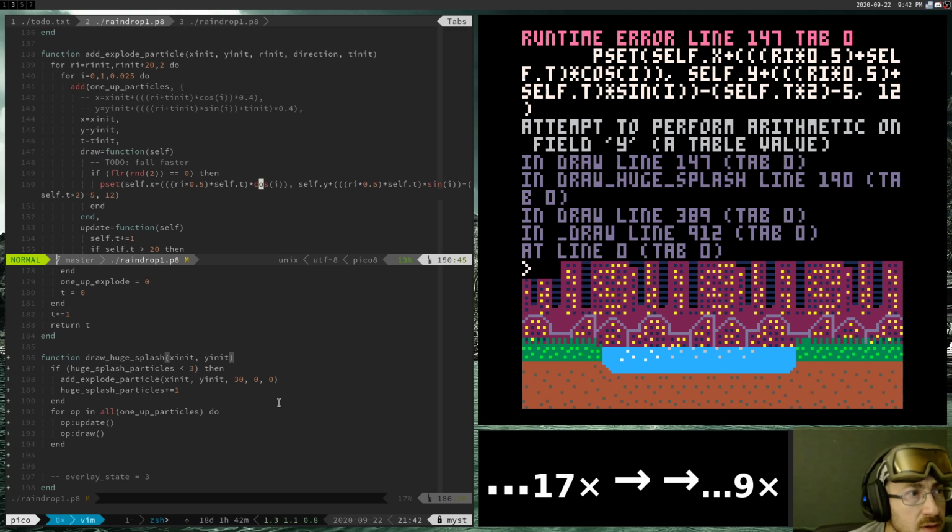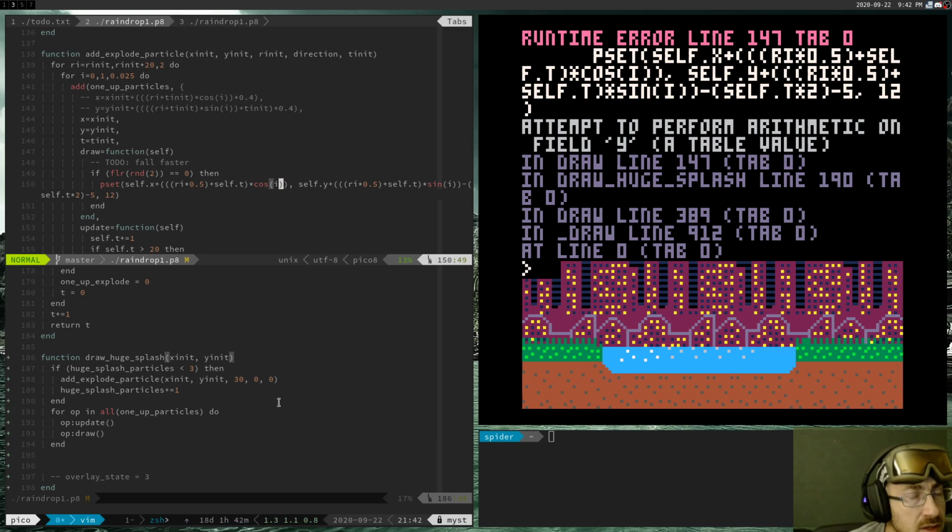Attempt to perform arithmetic on field Y, a table value.